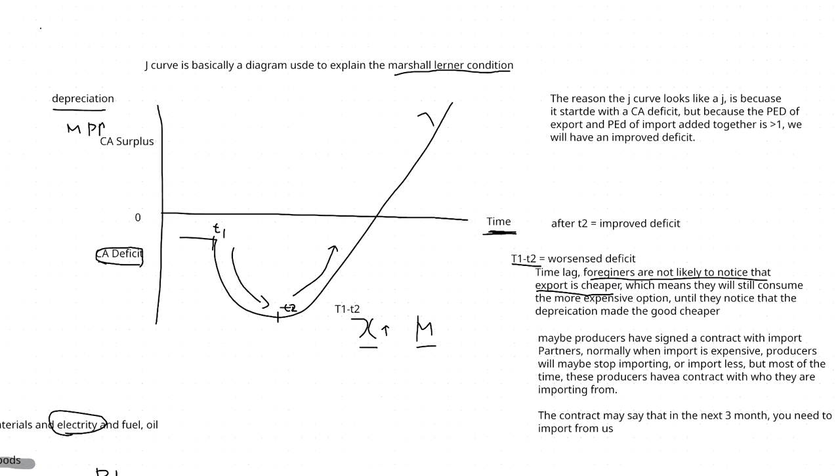Because import doesn't change and export only increases by a little, it's still a CA deficit. However, after T2, let's take a look. This is when, first of all, the foreigners start to notice that the export is a lot cheaper from your country, right? They're going to see that the depreciation has made your country's good so much cheaper, and they're going to switch after T2.